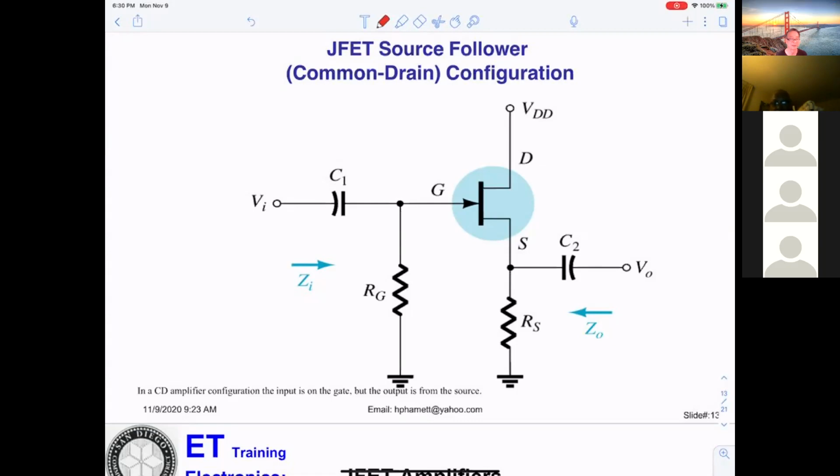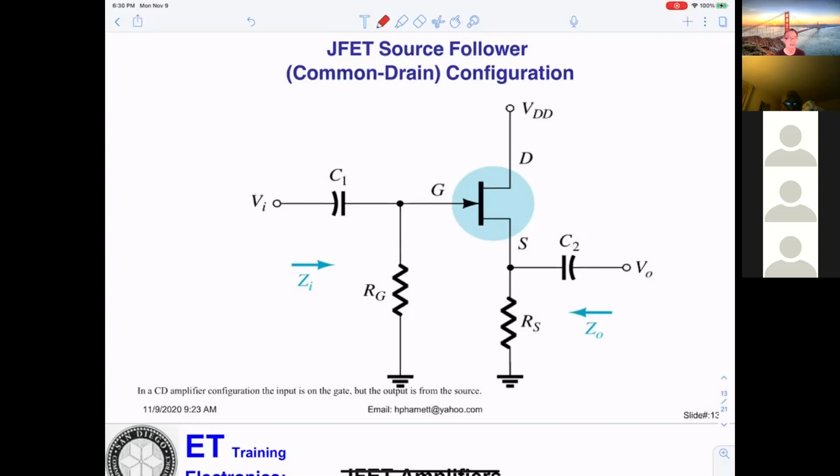We're not going into the detail of calculation, so that's why we're not giving you any more detail. I just give a full picture. When you're looking at that, you know that will be common drain. Input goes to the gate, output from the source, which also gets the name source follower.